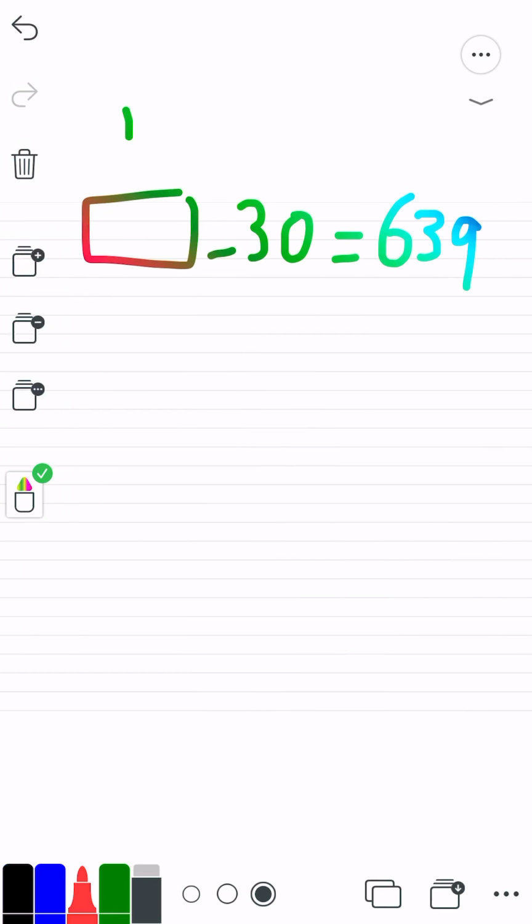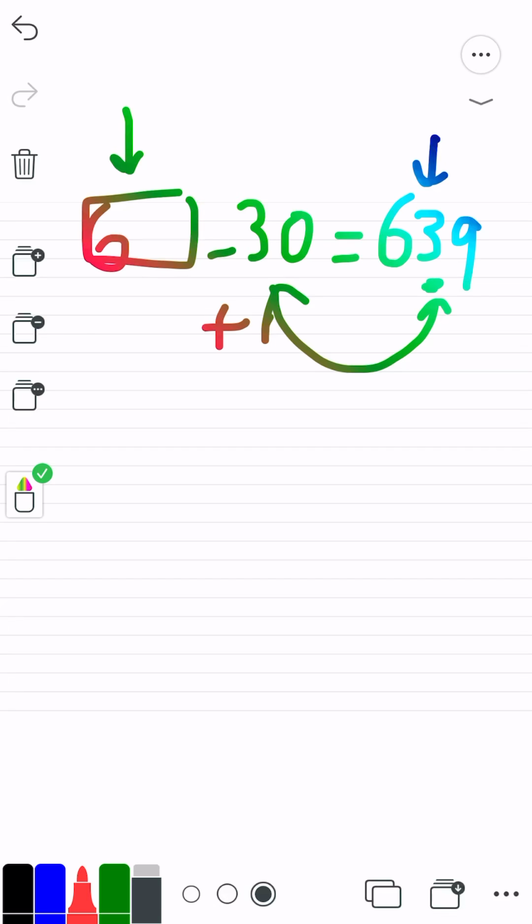Whenever you have a missing number, an unknown number minus a number, you have to change the sign again, make it plus and add those numbers together. So the answer is going to be 639 plus 30. Now add 3 to the tens in this number, or 30 to 39, that equals 69.